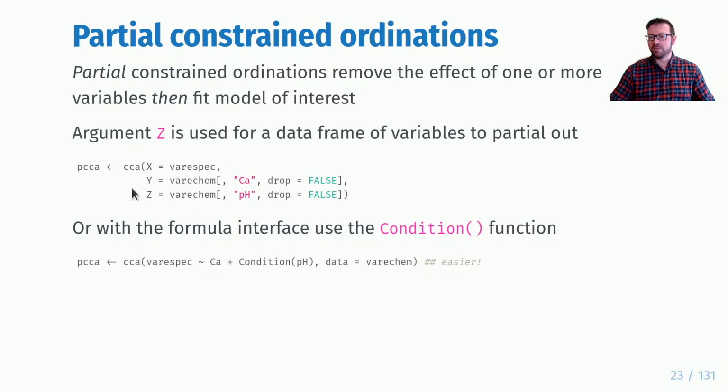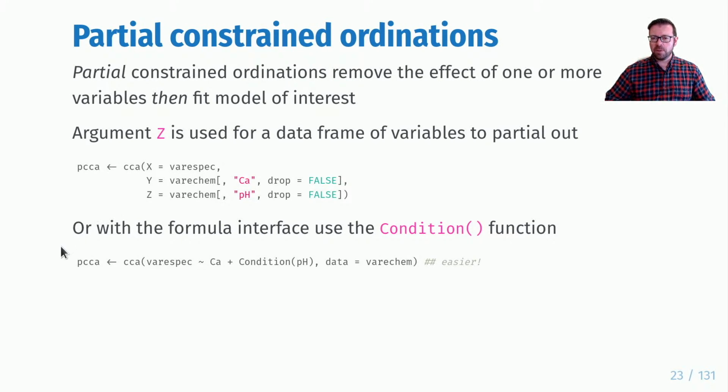So I pass in a data frame to Z that contained that pH variable. And so we would remove the effect of pH and then look at the effect of calcium on the species after accounting for the pH effect.